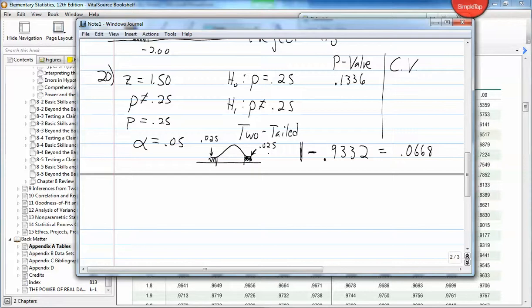Since this is a z distribution, remember we have symmetry. If we find the negative one, then we can just take the opposite sign of that and that'll give us the positive one. Okay, so that's the quickest way. So if you want to find this one on the left side, look in your table for an area of 0.025.